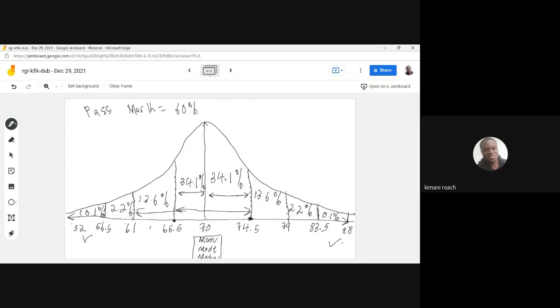Now, it is very important to be able to analyze your data when it is normally distributed, and understand how we can use this data to answer questions, to make predictions, to calculate possible outcomes, right?